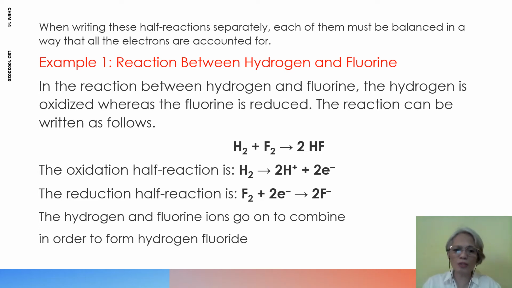Similarly, in the reduction half reaction, fluorine is 0, it became negative, so there is a decrease in the oxidation state of fluorine. Why? Because fluorine gained 2 electrons in the process. If you combine the two, then these 2 electrons on the right side of the equation will be cancelled out by these 2 electrons on the left side of the reaction.